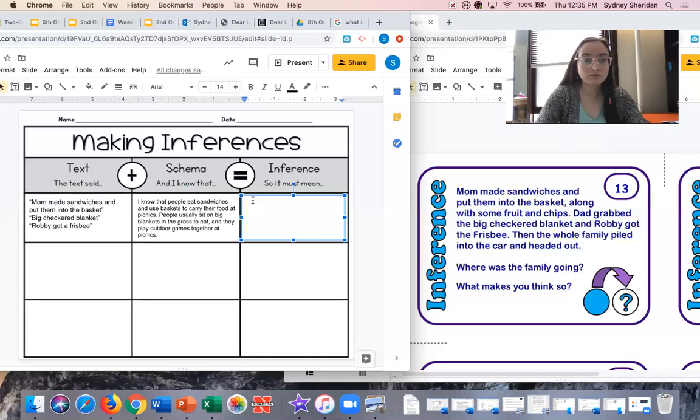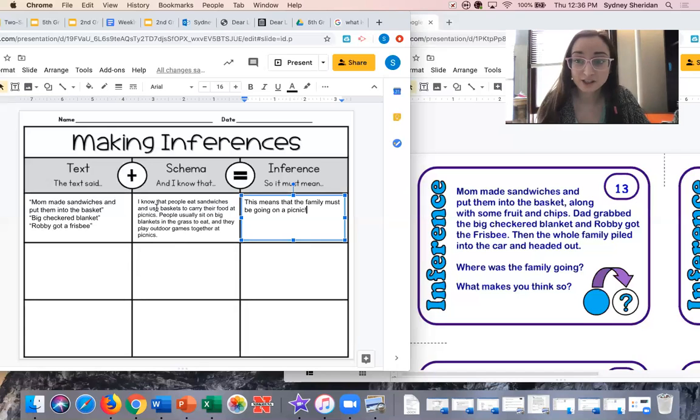So the inference I'm going to make is that this means that the family must be going on a picnic. Awesome. So I used quotes from the text and the details that the author gave me. And I used things that I already knew from my own life.